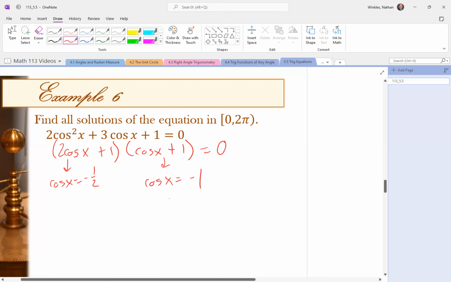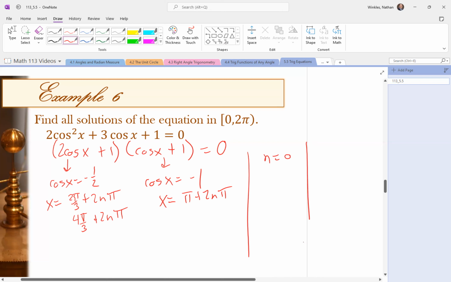So for the cosine x equals negative 1, this tells me that x equals pi plus 2n pi. For cosine x equals negative 1/2, this tells me that x equals 2 pi over 3 plus 2n pi, and 4 pi over 3 plus 2n pi. So for all three of these cases, for n equals 0, we get 2 pi over 3, 4 pi over 3, and pi.